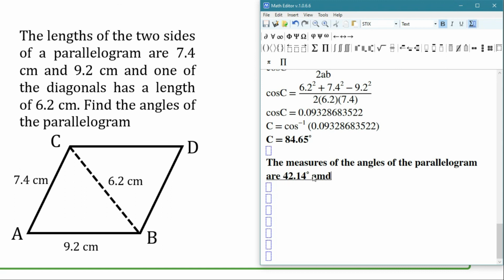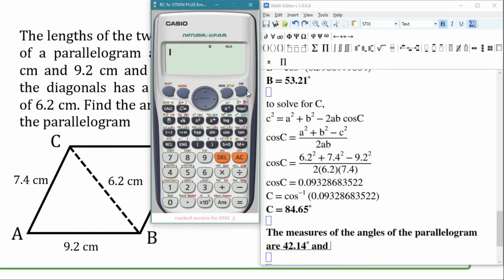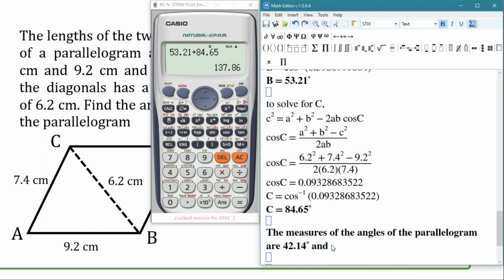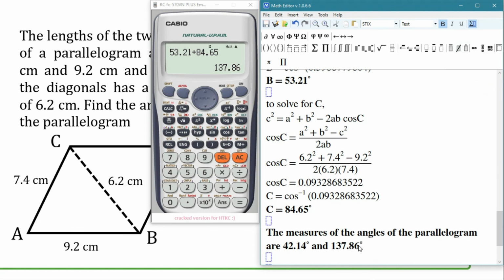And yung angle C and angle B, ang gagawin natin is just to add angle C and angle B na nakuha natin kay law of cosines. So that would be 53.21 plus 84.65 degrees. So that's going to be 137.86 degrees. So this will be the measures of the angles of the parallelogram.